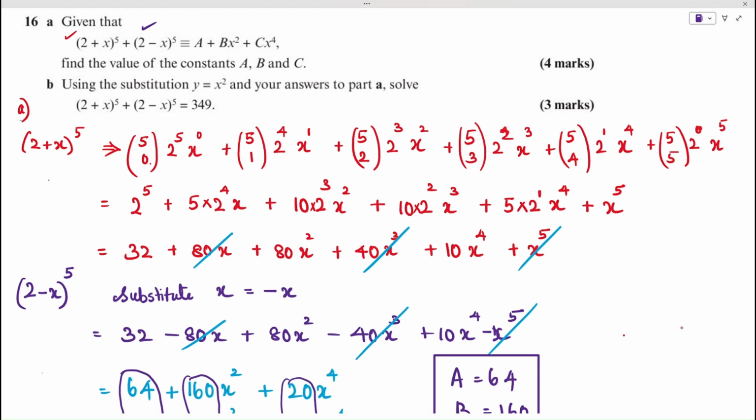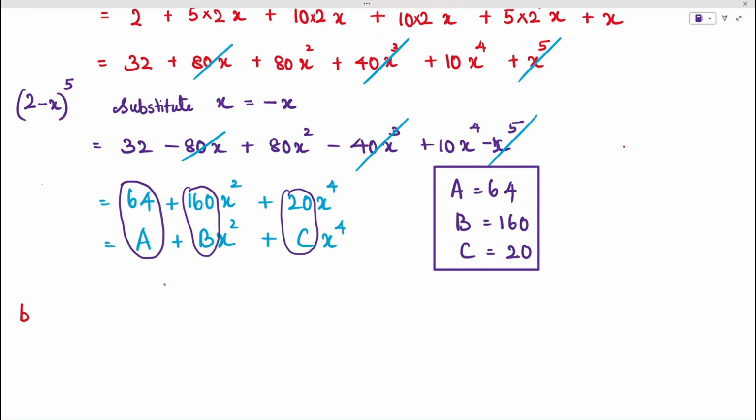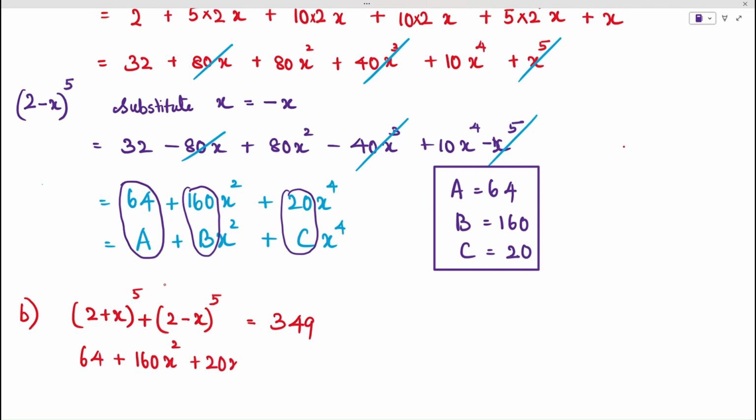So we have our expansion of (2 + x) to the power of 5 plus (2 - x) to the power of 5, which is equal to 349. And if we have our expansion here, 64 plus 160x squared plus 20x to the 4 is equal to 349.